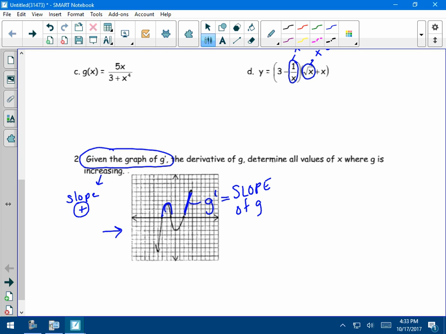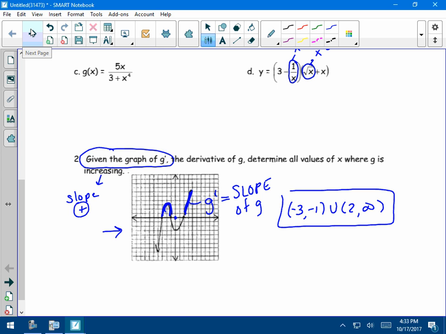It's when it's above the x-axis. So any place where the slope is above the x-axis is where the graph would be increasing. So this is increasing from, that's 0, so -1, -2, -3 to -1, and 2 to infinity. Okay, so be careful of ones like that.